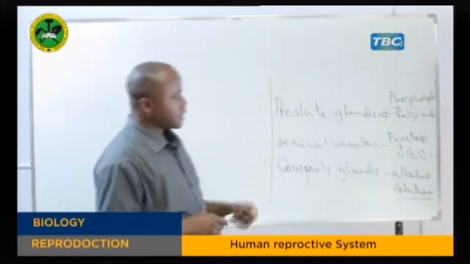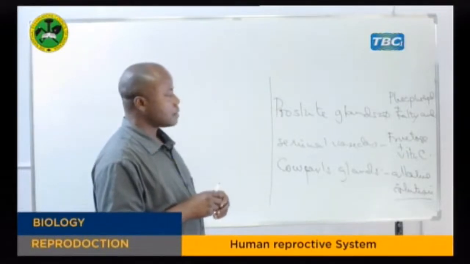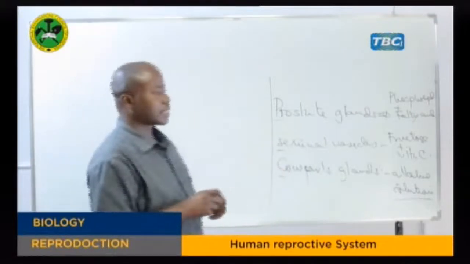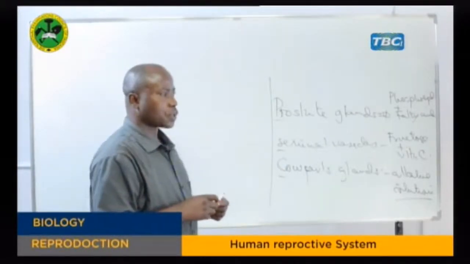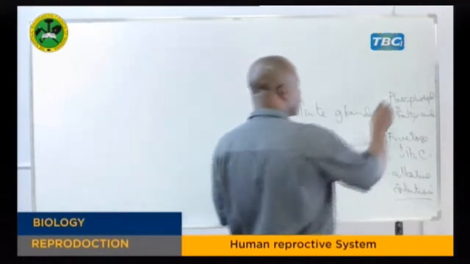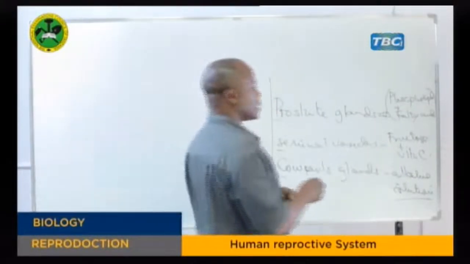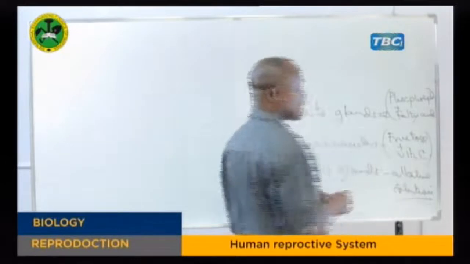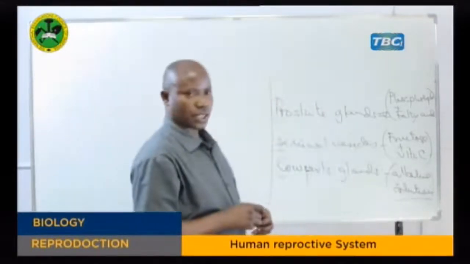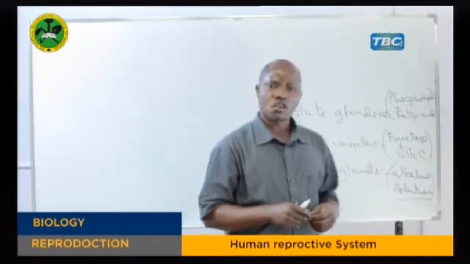Therefore, these are the compositions of the fluid produced by these glands. What you need to do is explain the role of these substances, and the role of this alkaline solution. By so doing, you will have answered this question correctly.